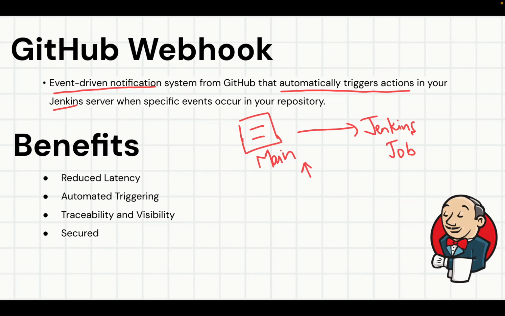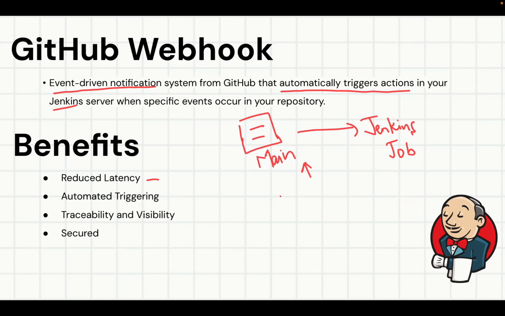So the most important benefit is reduced latency. Why? How? When we are triggering things automatically, when things get into the automation process, it reduces the latency. Every task is done on its own. We don't have to manually go to the Jenkins UI to trigger the job.